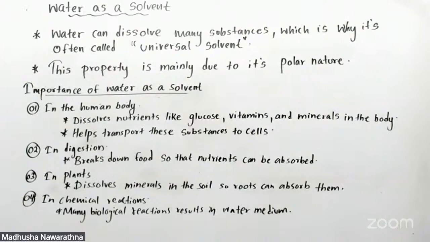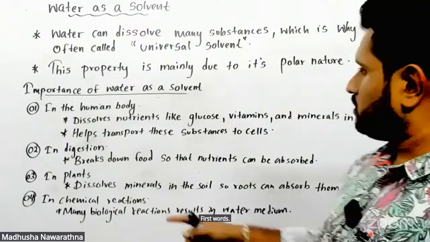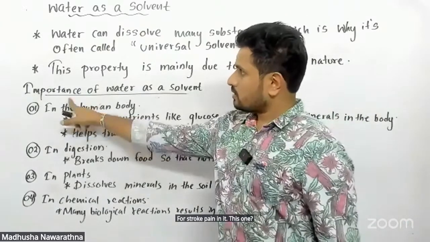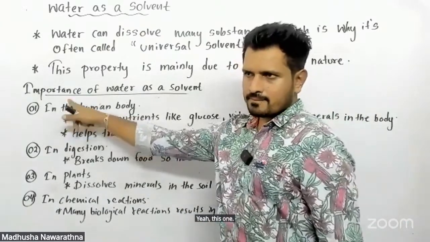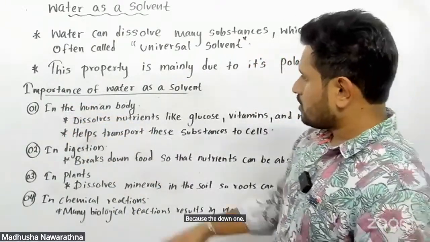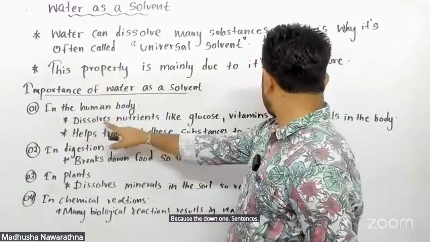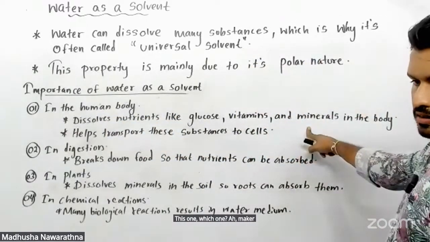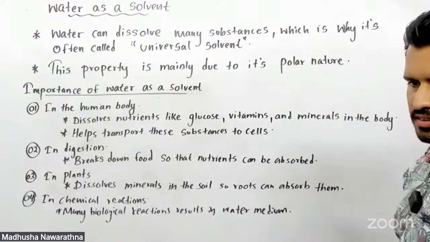The first word isn't visible. This one? Here, this one? No, sir, the one down. The sentence. This one, no, which one? The marker. Yes, sir, the front things.